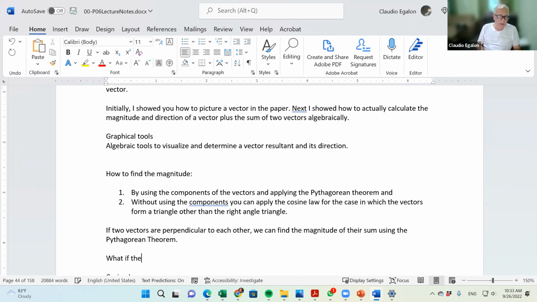What if these two vectors are not perpendicular?